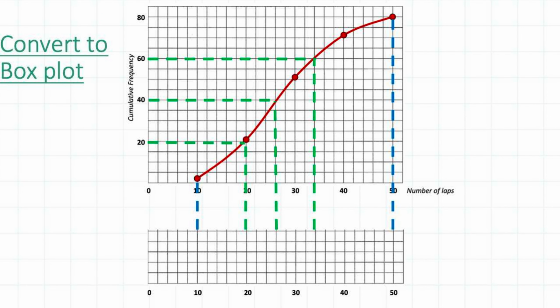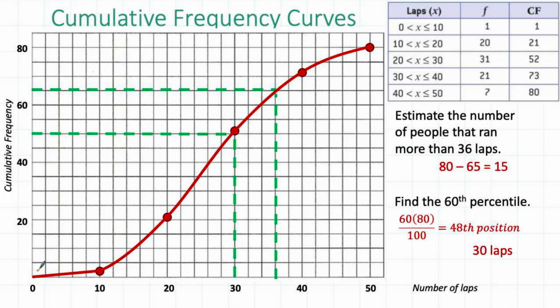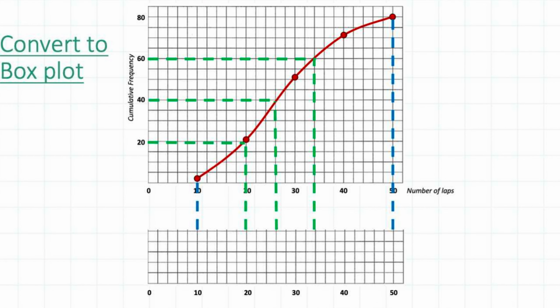And then how do we connect it to box plots? So with cumulative frequency curves, you can easily find your minimum, your maximum, your Q1, your Q2, your Q3. Just be careful with the minimum, this will not be the minimum. The minimum will be the first value that is plotted here. Sometimes graphs will not have this behavior happening. So the minimum will be at 10, maximum will be at 50, and so on.